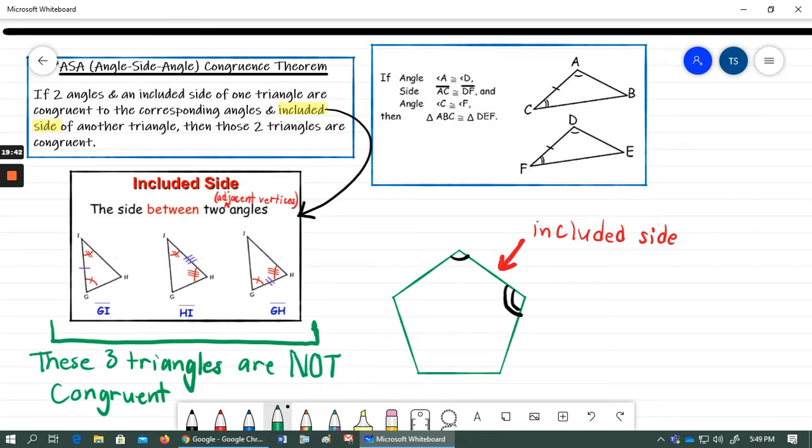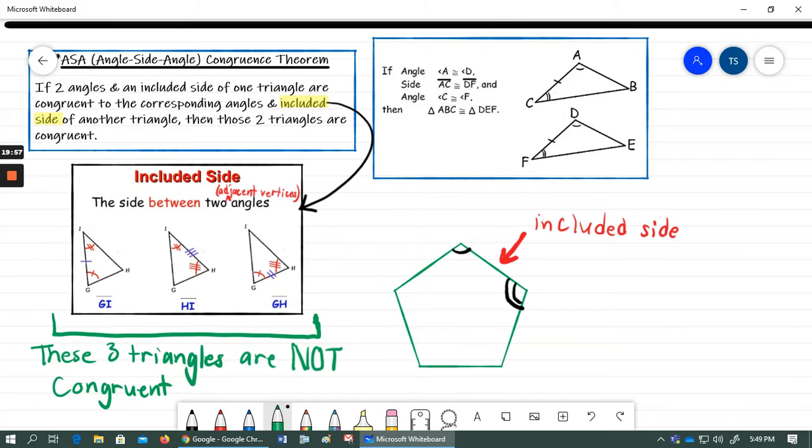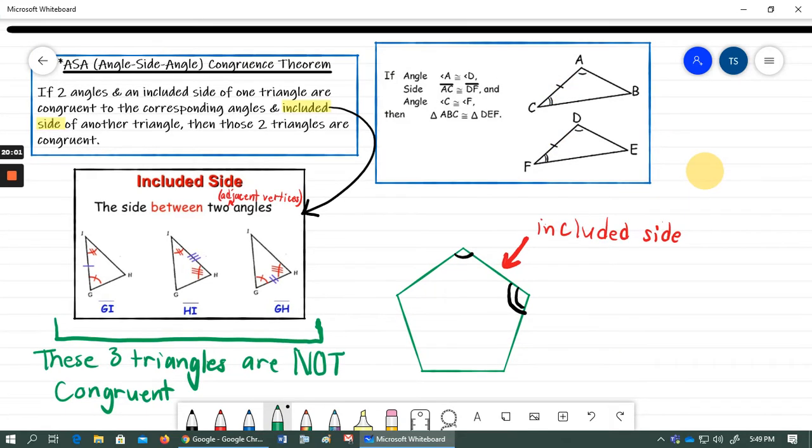They're showing you two triangles. The congruency symbols for the angles there match up, okay? And then they're showing you an included side, and they're showing you that those two included sides are also congruent for each triangle.